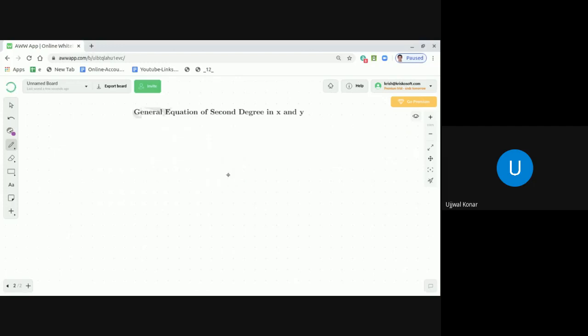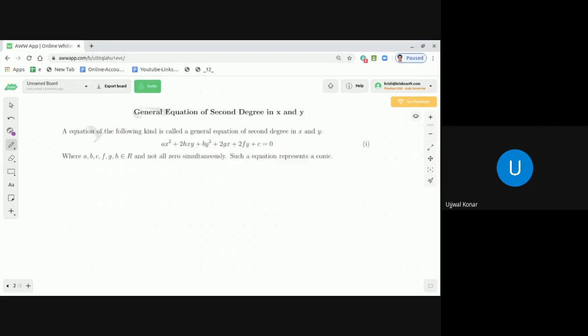If you look into this particular statement, dear students, an equation of the following kind is called a general equation of second degree in x and y. That is ax square plus 2hxy plus by square plus 2gx plus 2fy plus c equal to 0, where a, b, c, f, g, h all belong to the set of real numbers and not all 0 simultaneously.